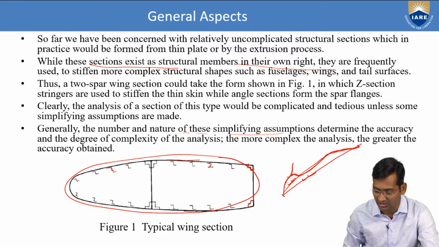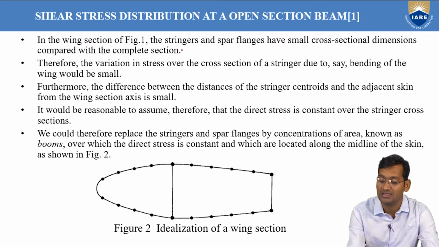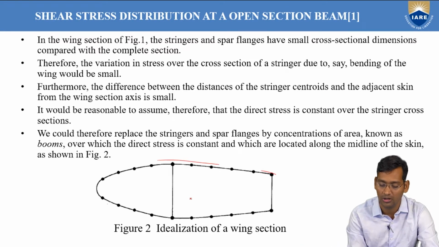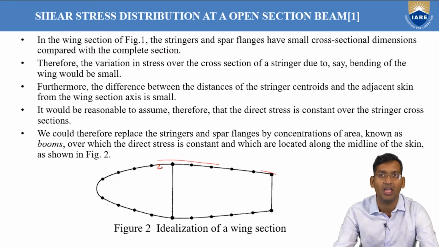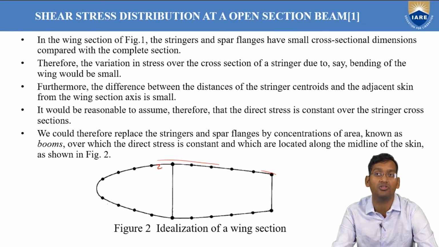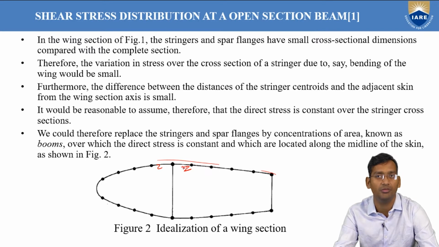Compared with the complete section, the stringers and spar flanges have a very small cross-section. Therefore, the variation in stress over the cross-section of a stringer, due to, say, bending of the wing, would be small, because the cross-section is very small.